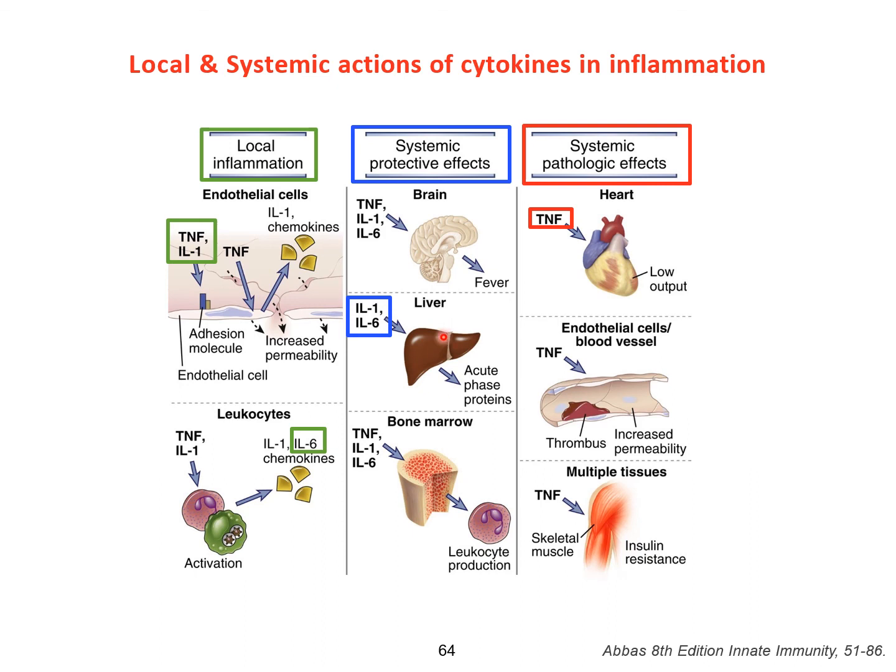And the protective effects are: in the brain it helps in the production of fever of the whole body, in the liver it releases acute phase proteins, and in bone marrow it helps in leukocyte production. So local inflammation, as we already know, is rubor, calor and dolor.